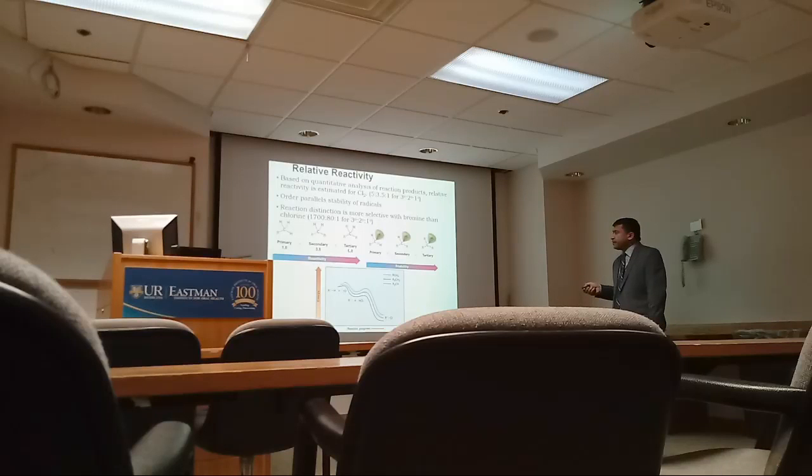Now, tertiary carbon has a reactivity factor of 5, while secondary carbon has a reactivity factor of 3.5, and primary carbon has only a reactivity factor of 1, which means the tertiary is very reactive. It actively starts the reaction with chlorine. So as we see here, the tertiary has the strongest power of reactivity.